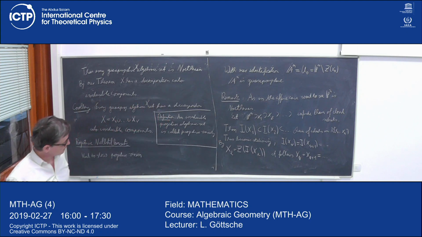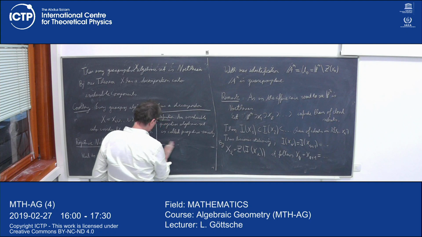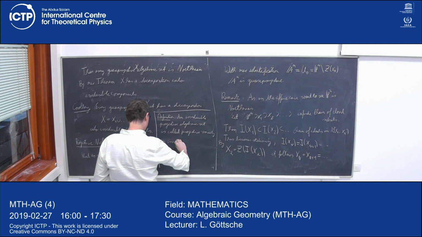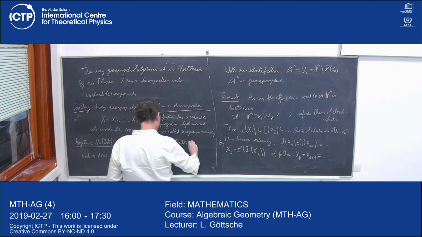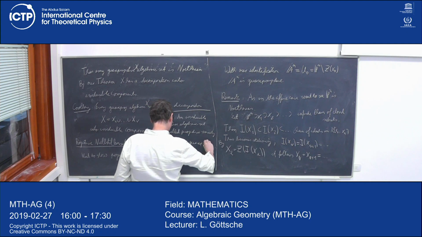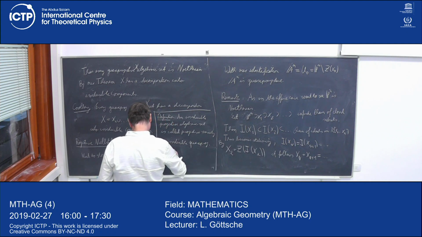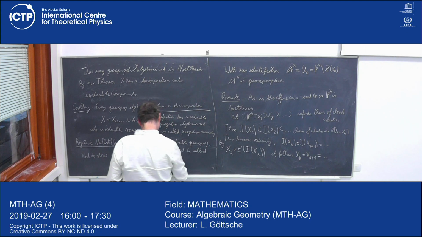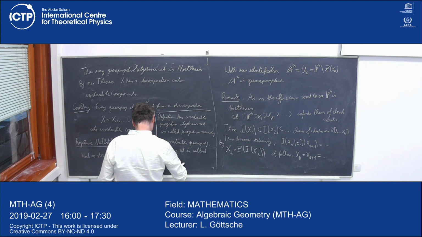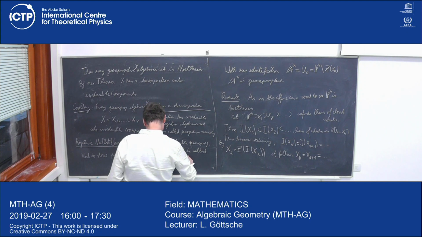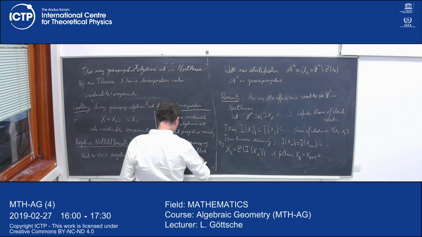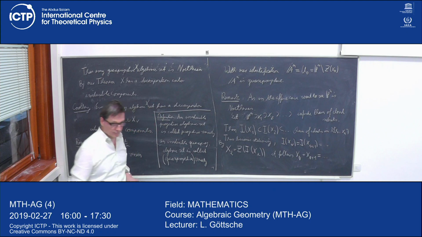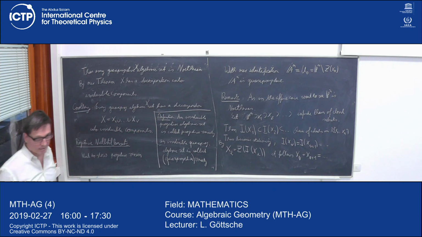And an irreducible quasi-projective algebraic set is, not surprisingly, called a quasi-projective variety. We just say variety because we do not consider more general varieties, although there are more general notions.